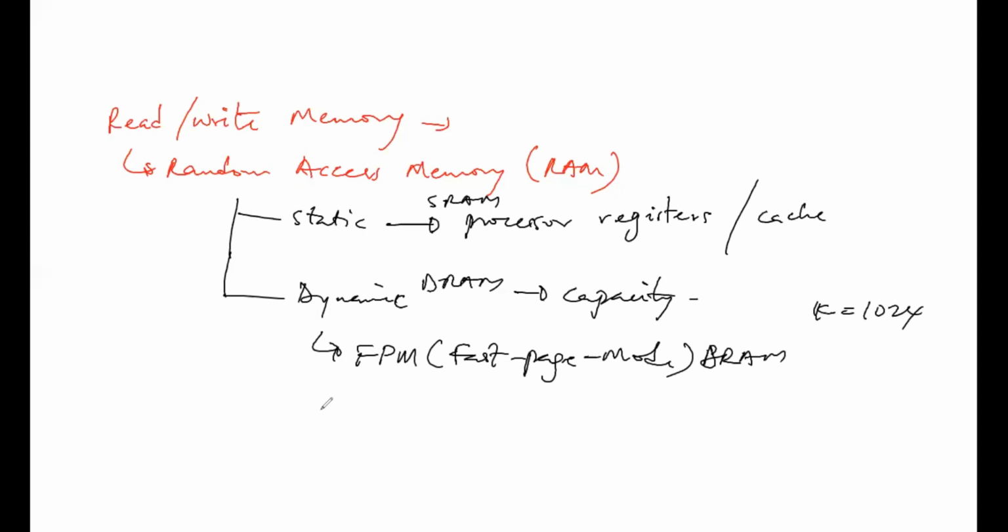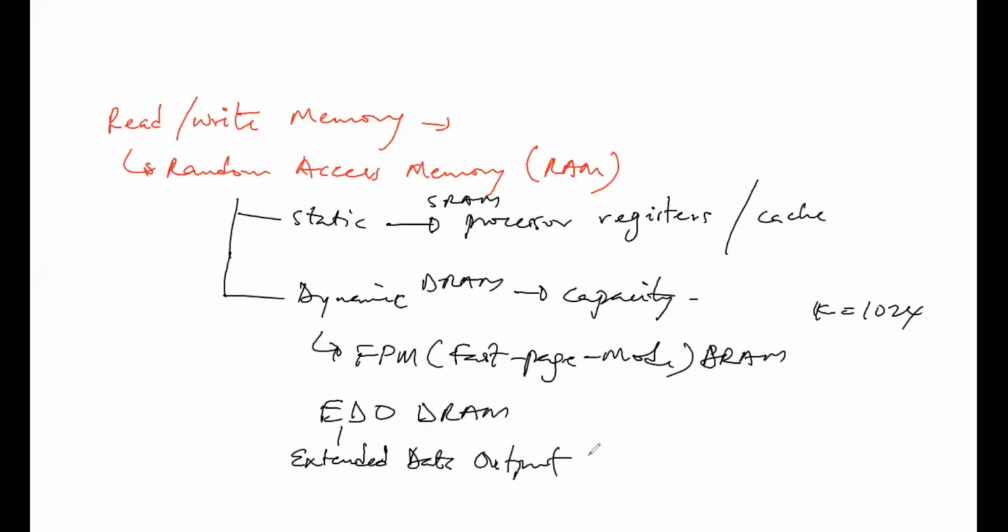Then we have the extended data output DRAM. It's another type of fast page mode DRAM that exploits the fact that we access memory sequentially, but it uses pipelining to speed up memory access.